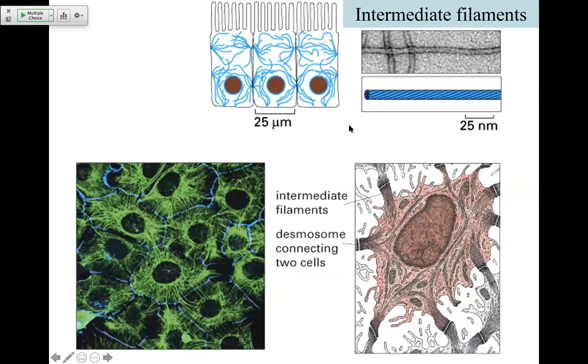So we have this very strong, high tensile strength cable-like fiber extending through the cells, primarily epithelial cells. And there are other examples. Here we're looking at keratin, which is the name of the intermediate filament that we find in epithelia. These are sheets of cells that have to function together. The cells all work together.